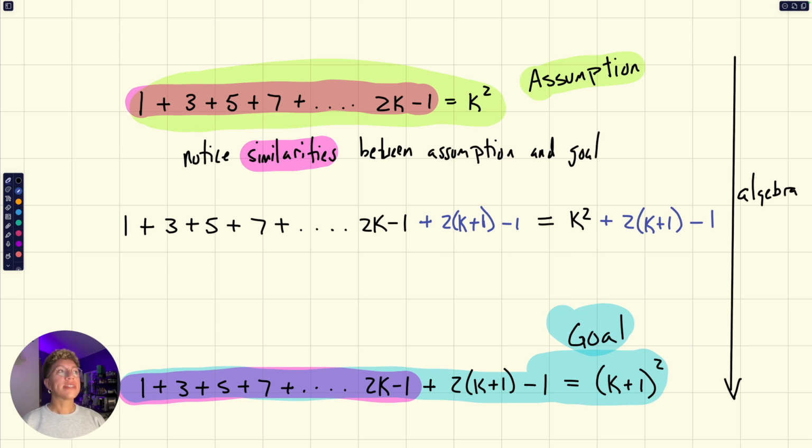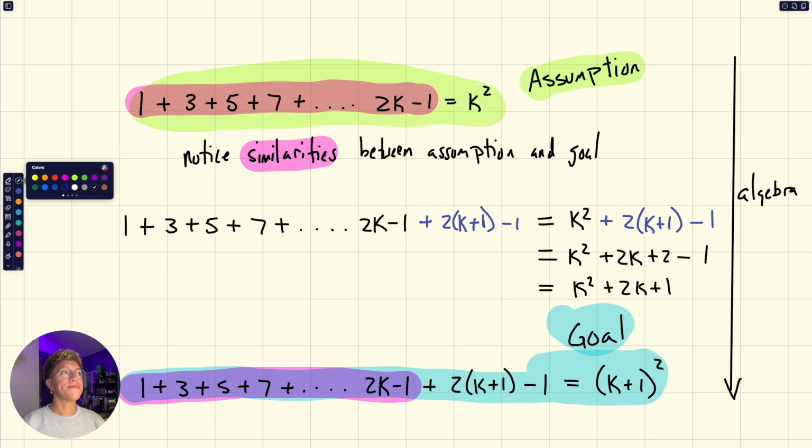This is pretty quick on our right-hand side. We have k squared plus 2k plus 2 minus 1. If we rewrite that one more time, we get k squared plus 2k plus 1. And if we factor that quadratic, it does indeed give us k plus 1 squared. And so this completes our proof by induction.